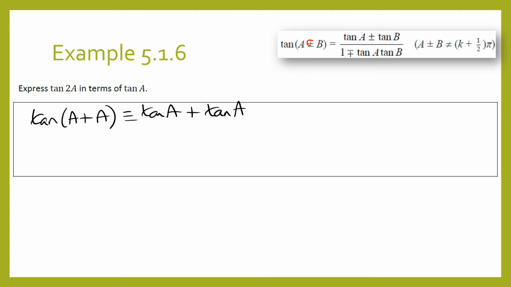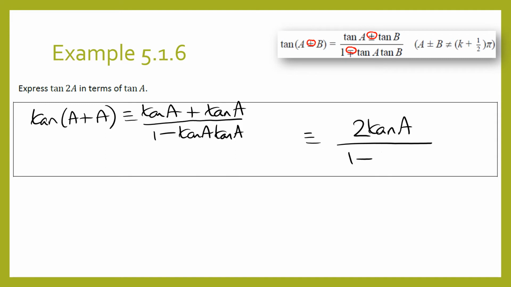So because it's tan of A plus B, then it's going to be a plus in the numerator, but a minus in the denominator, because those are the top symbols. And then 1 minus tan A multiplied by tan A. Collect like terms in the numerator, and in the denominator 1 minus tan squared A.